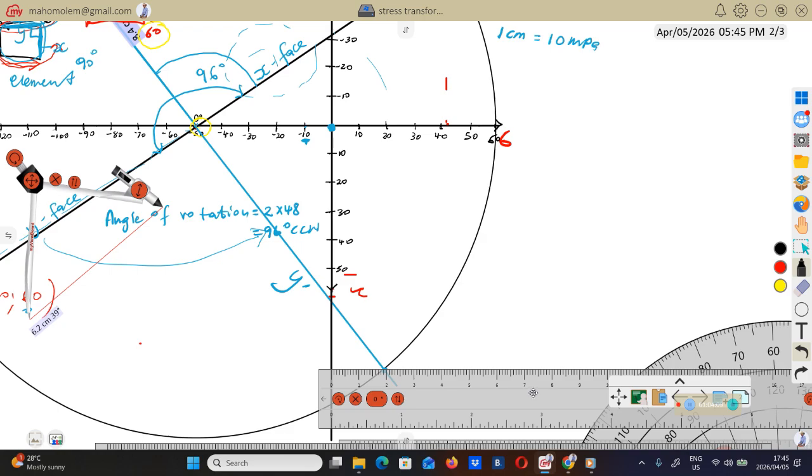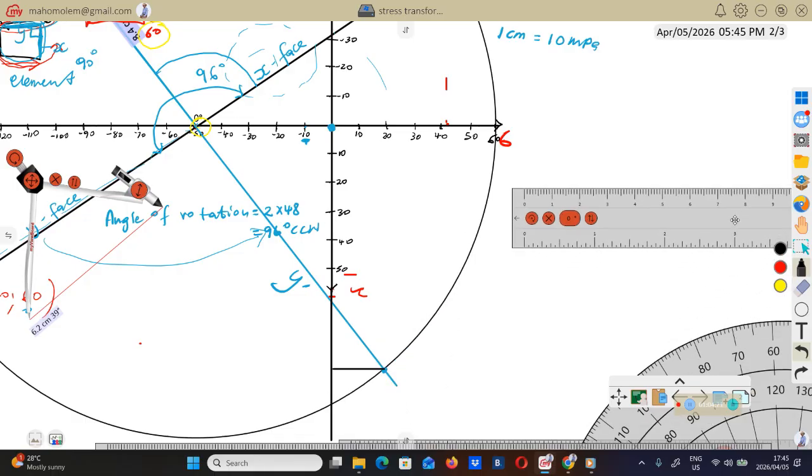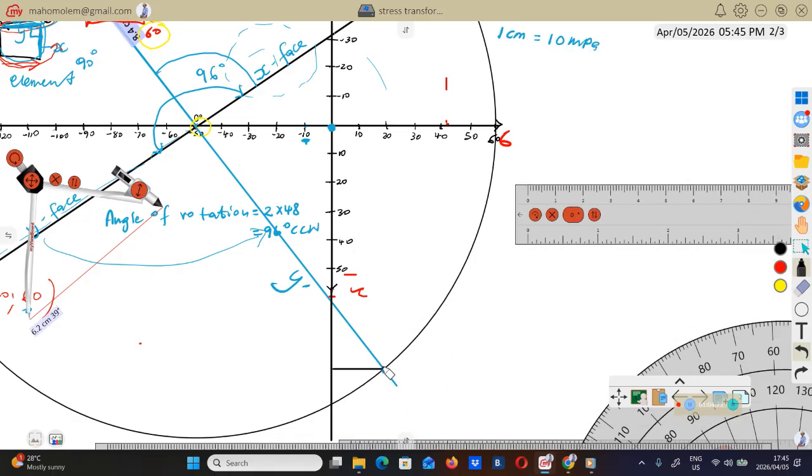How much? It's almost 2 centimeters. So this will be stress y prime. 2 centimeters multiplied by 10, 20 MPa.